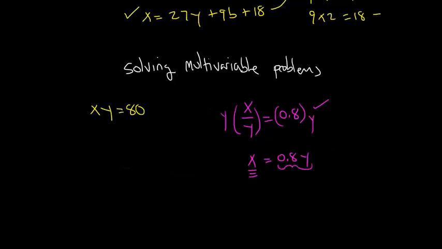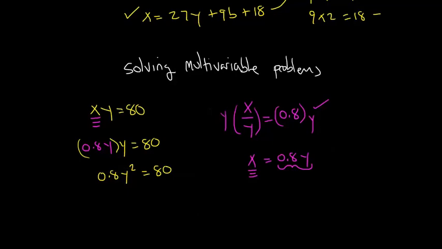So we can take this value and plug it in for x in our other equation. So I have 0.8 times y, which is x, times y equals 80. So we distribute y into our parentheses, so we end up with 0.8 times y squared equals 80.